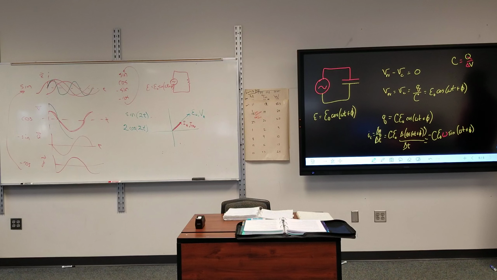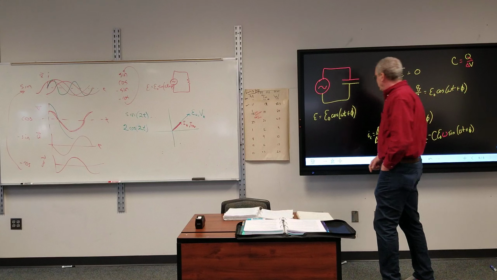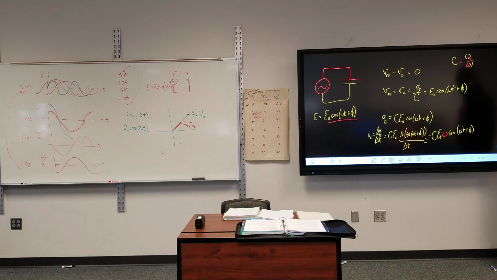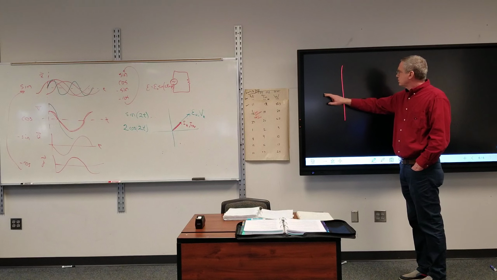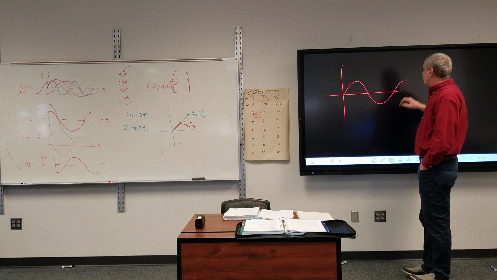The phase shift doesn't change any steepness, all it does is shift the entire graph left or right. So if I plotted out my cosine and sine curve, because my EMF is a cosine, my voltage for the capacitor is also a cosine, but the current is a sine. So my phasors are not going to be on top of each other. If I plot a sine curve, it looks like that.